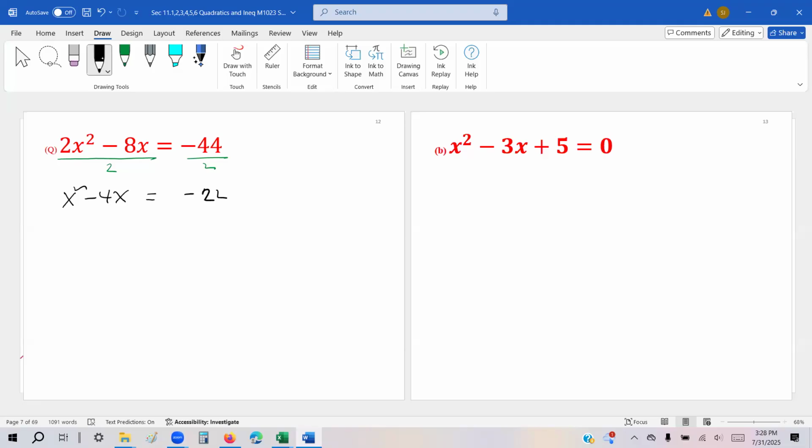Oh, it's negative. Now shift down. There's a negative, or you put negative.